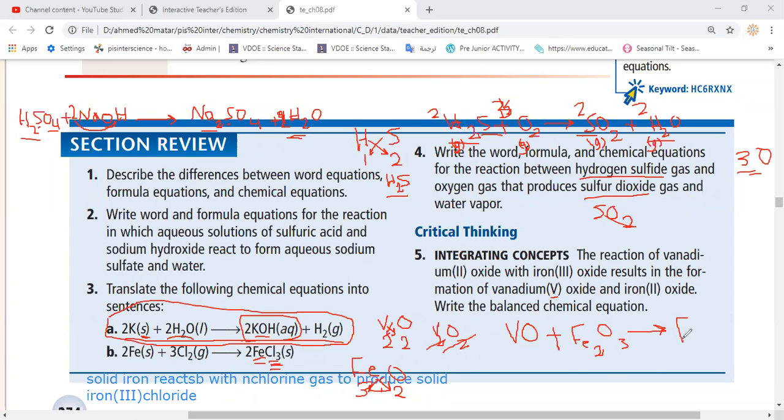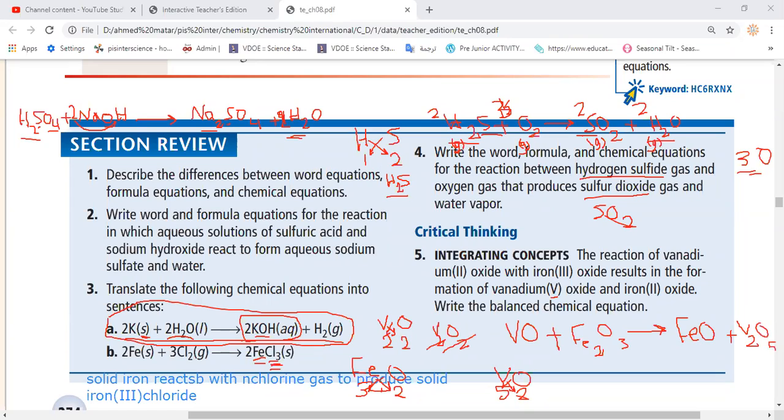Iron 2 oxide will be FeO, because iron is 2, oxygen is 2, so once we switch the valences, no changes. And the vanadium 5 oxide: vanadium is 5, oxygen is 2. Switch places, so it will be V2O5.